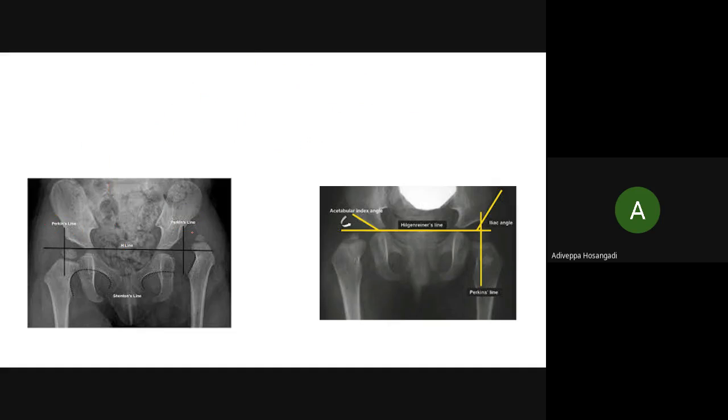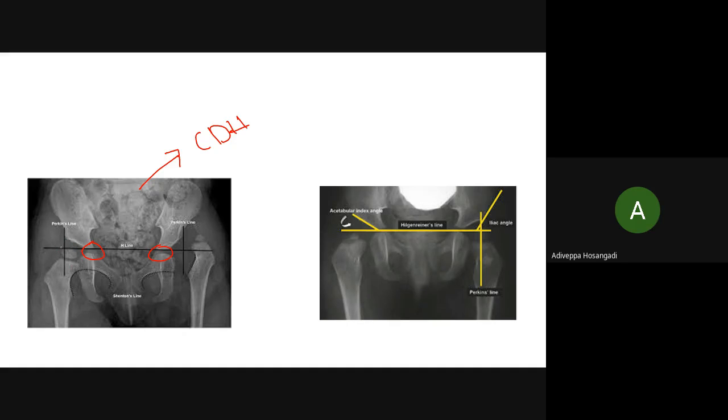So whenever you take an X-ray of a child suspected to be having CDH, you have to draw these two lines. One, the Hilgenreiner line, goes through the triradiate cartilage. This is the triradiate cartilage. So a horizontal line through the triradiate cartilage, and Perkins line through the lateral border of the acetabulum.